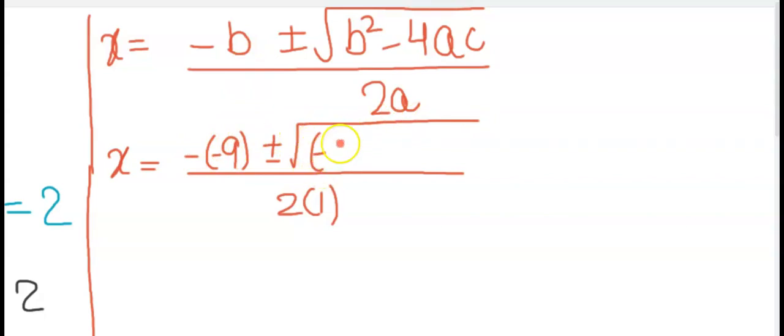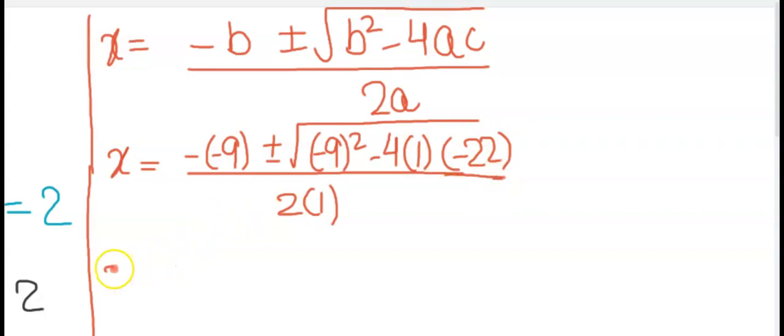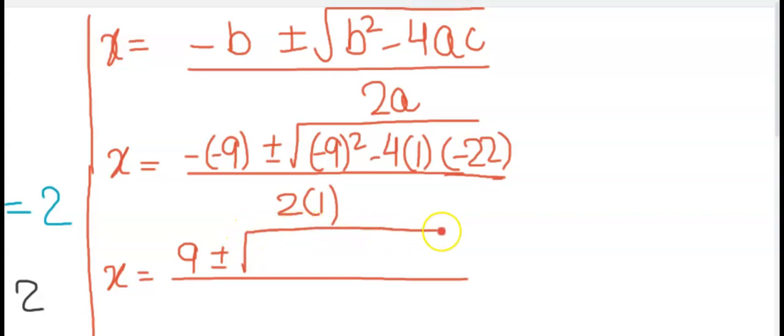And here I put (-9) squared minus 4. The a was 1. The value of the c was -22. Now I simplify. Two minuses, minus minus 9 is 9, plus minus 9 squared is 81, minus minus becomes a plus. 4 times 22 is 88, and that's a 2.